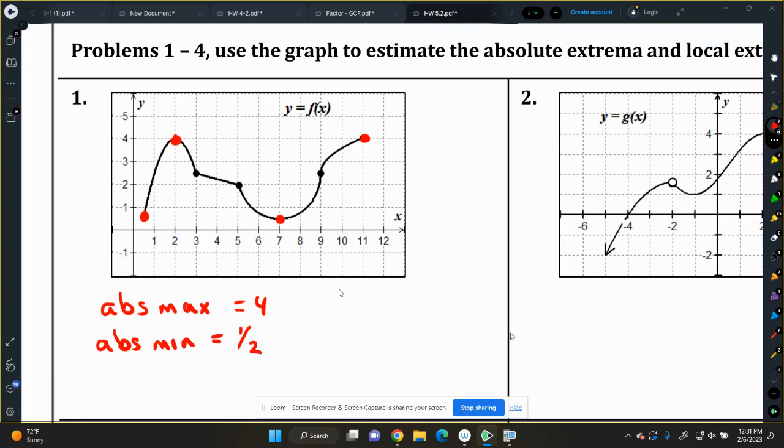We've got a relative minimum and a relative maximum. Where would our relative minimum be?